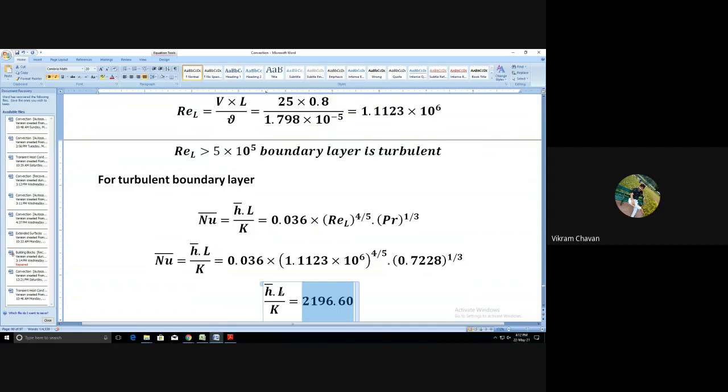We have to consider that value in meters, not in centimeters. That is 0.8. We have to consider 0.8.